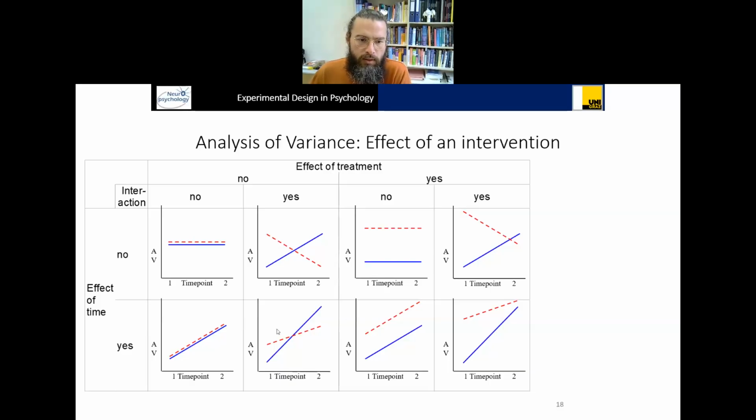So to distinguish, let's say, between this case and this case, and this case and this case, where once you have only one main effect and the interaction, and in the other case you have two significant main effects and also the interaction. And here you have no significant main effects, but a significant interaction, and here the other combination.